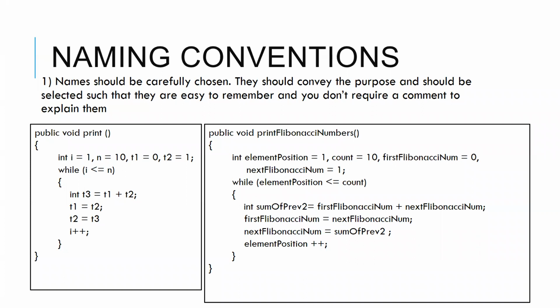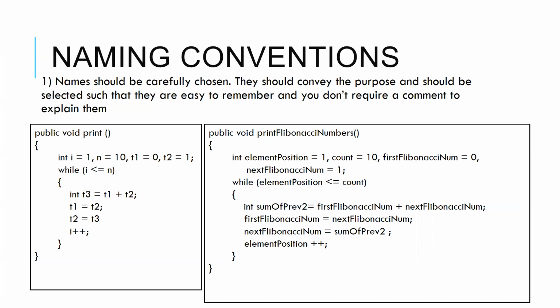Now let's look at the code on the left hand side. It defines a function print which has certain variables I, N, T1, T2, T3. Just by looking at this function name or at the variables, we neither understand at first glance what this function does nor what its various variables represent.